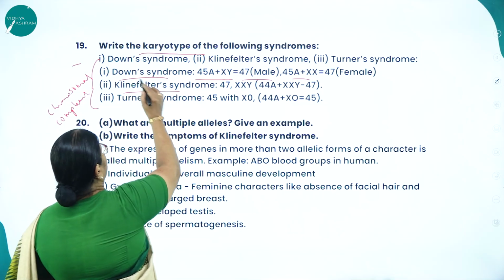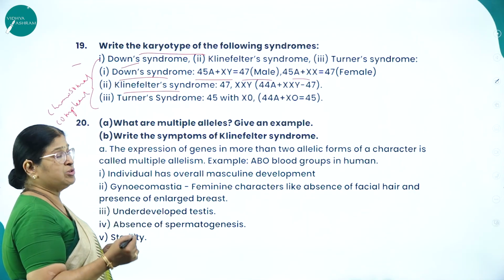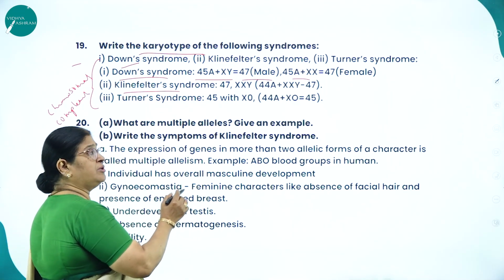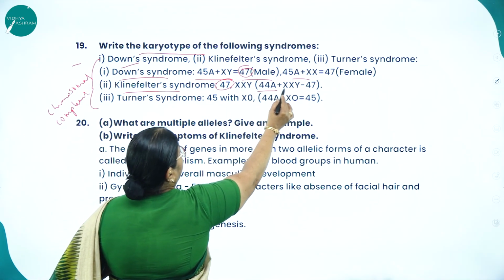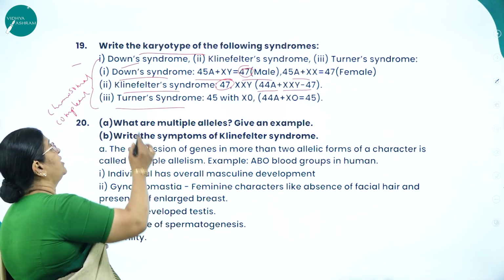So Klinefelter syndrome, already I told, Down syndrome is common for both male and female, and Down syndrome is due to trisomy. Klinefelter syndrome is also due to trisomies. That is the reason we have 47. So here 44A plus XXY, 47. Turner syndrome is an allosomal disorder.